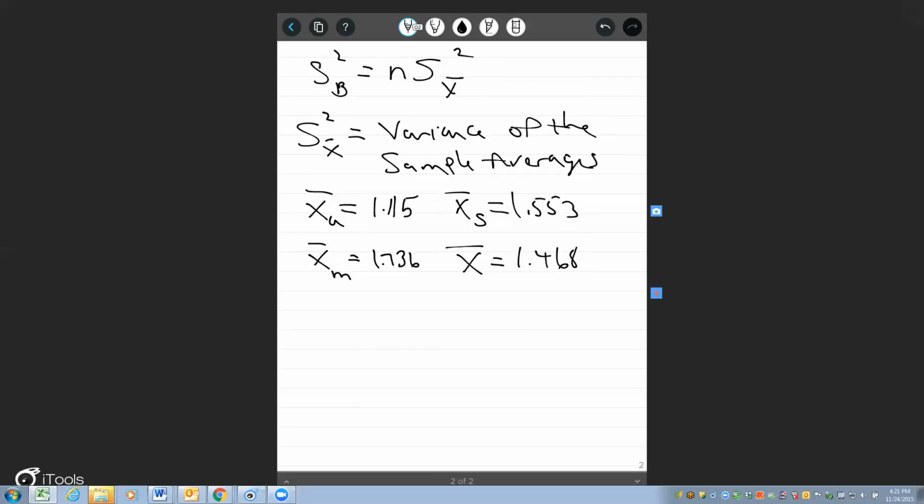So to get S sub X bar squared, I'm going to take each of the sample averages, subtract off the overall average, and square it.